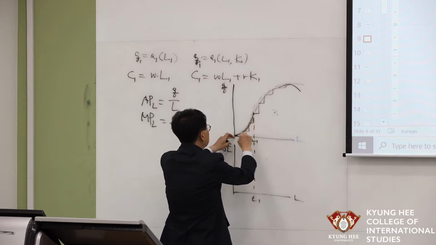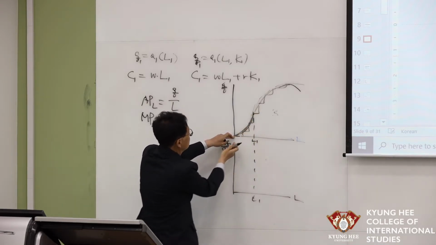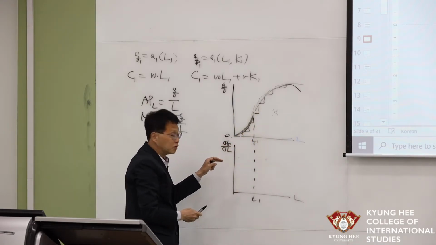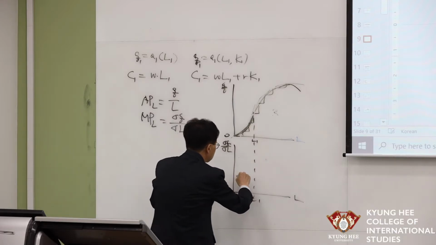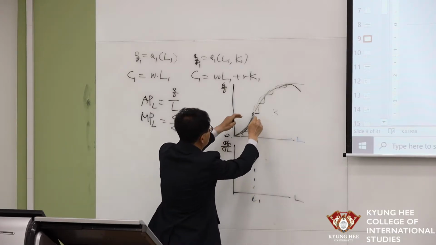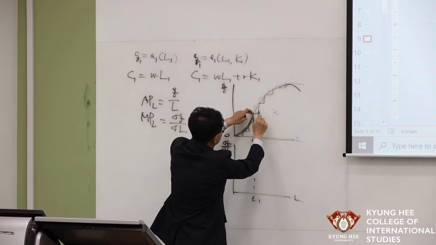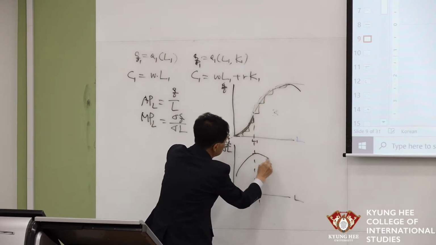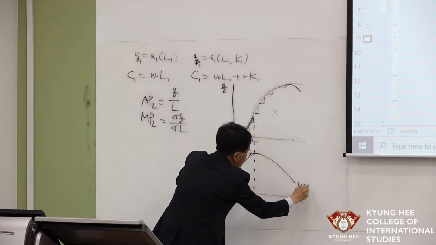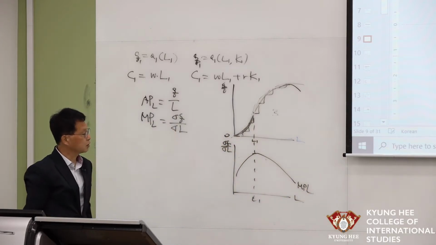From here to here, what happened? Marginal product of labor increases with an increasing rate. But after this, it becomes smoother and smoother. So the marginal product of labor is shaped like this, right?